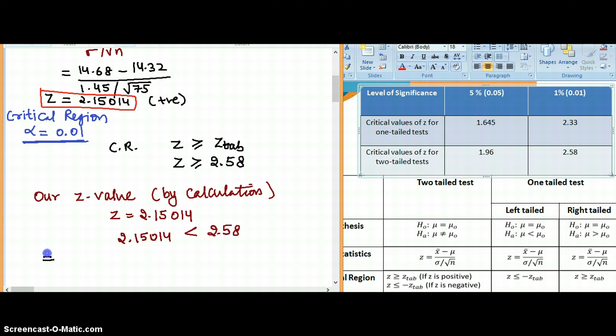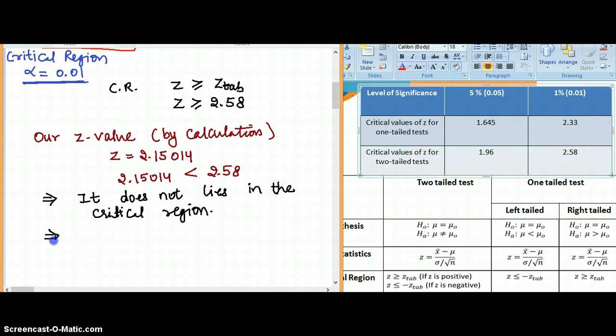So what this implies? This implies that our Z value is less than 2.58, so it does not lie in the critical region. In this case, what will we do?